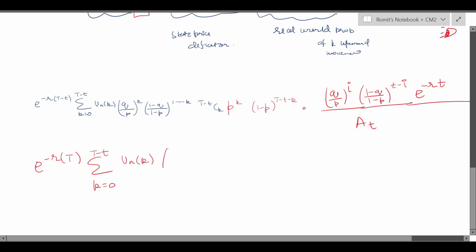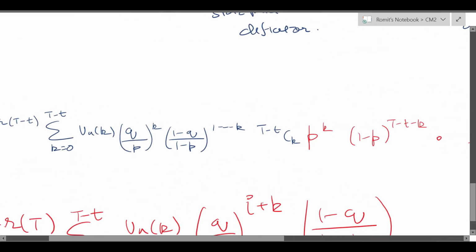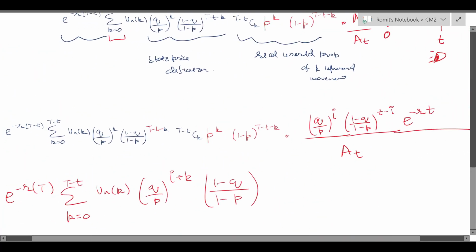This can be added with this. So this is (q/p) to the power of i plus k. Okay. And this will become ((1 minus q)/(1 minus p)) to the power of, this was t minus k, right? So this t will get added.